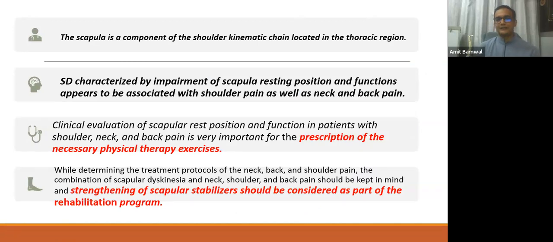They looked at the scapula in resting position and in functional position. They quoted that we have to have a prescription for scapular motion, like physical therapy exercises and strengthening of the scapular stabilizers, as part of the rehabilitation program.